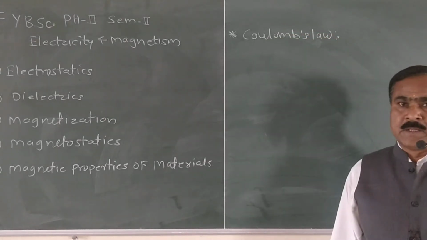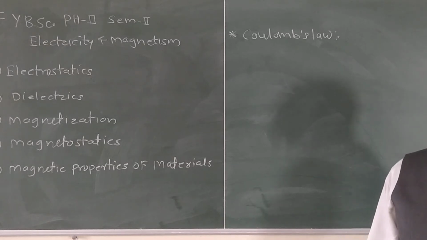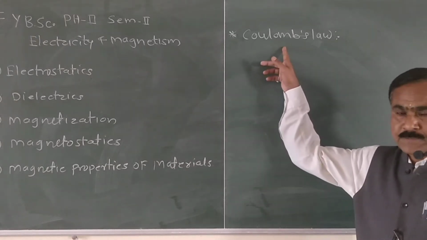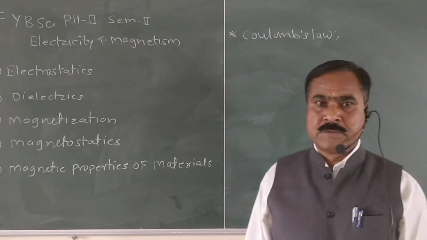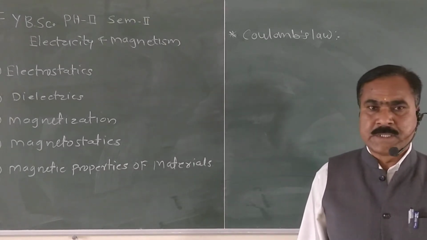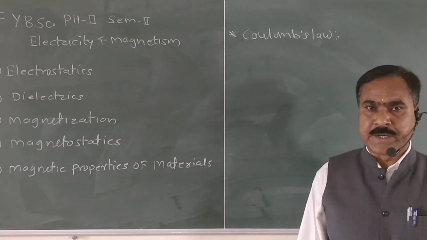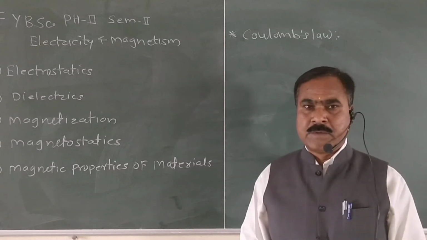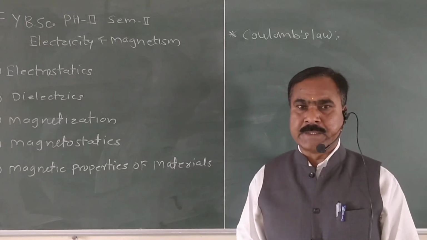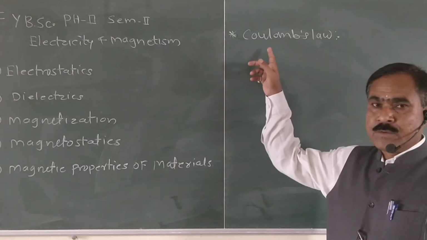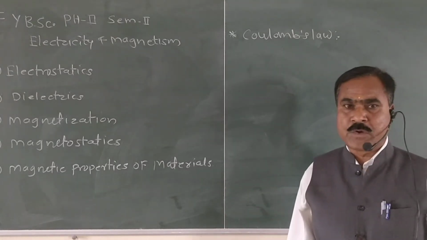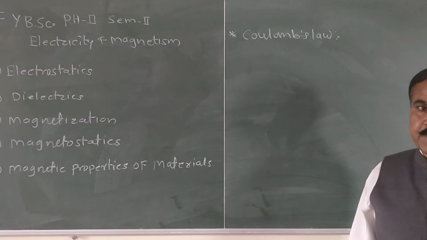First we give the statement of Coulomb's law. This Coulomb's law is applicable for 2 point charges, and these point charges are at rest. So they are also called point charges and they are at rest. Coulomb's law gives the force of attraction or repulsion between the two charges at rest.